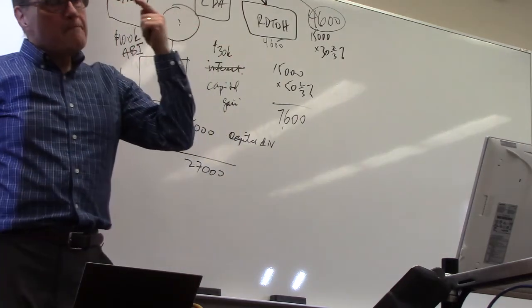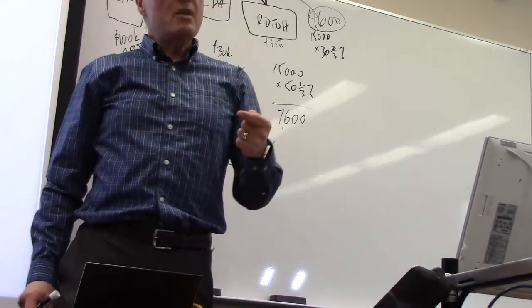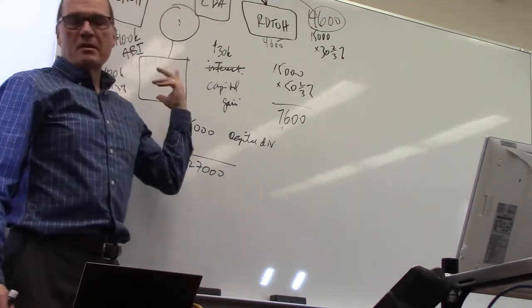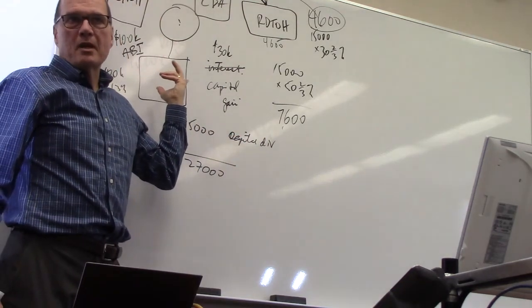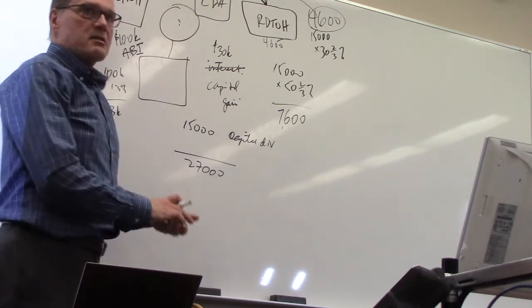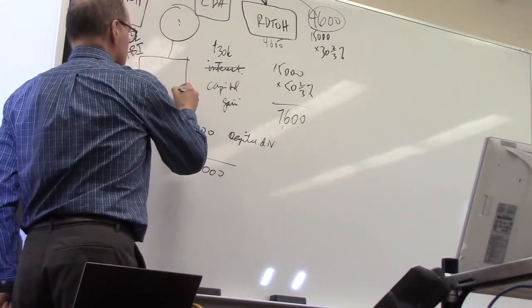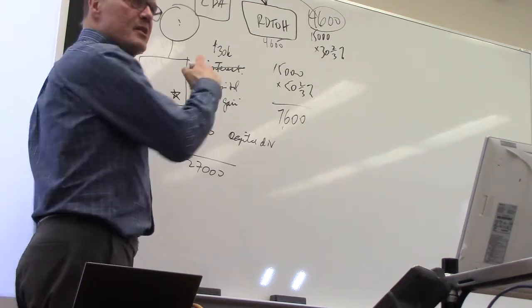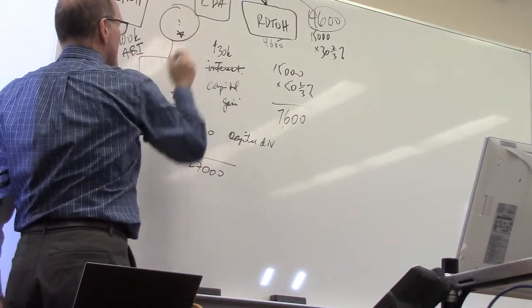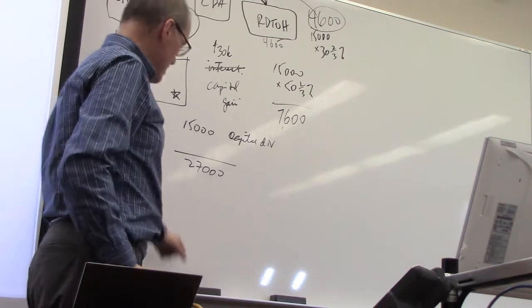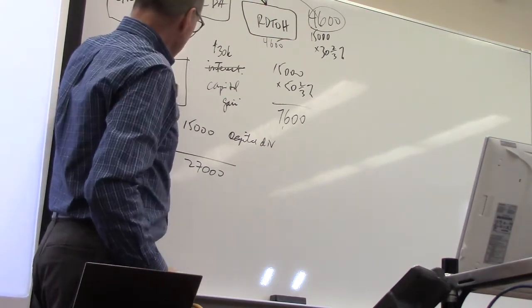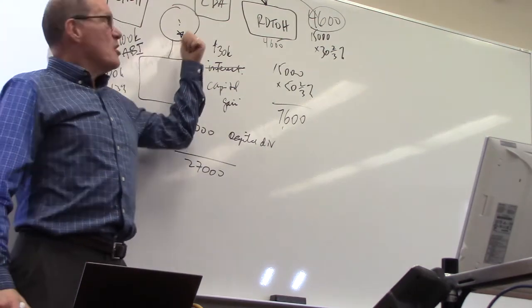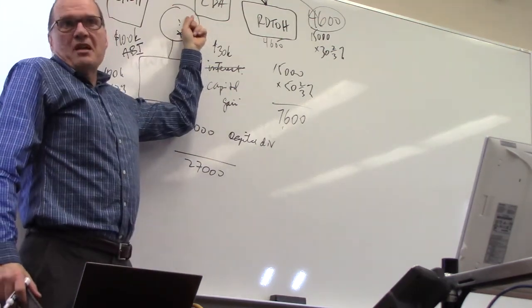Because honestly, if the individual shareholder owned whatever this company sold, the company sold something and created a capital gain. Let's label that with this star. If instead this individual owned that thing and had a capital gain, half of the capital gain would have been tax-free in her hands.